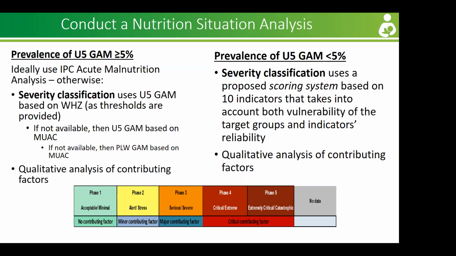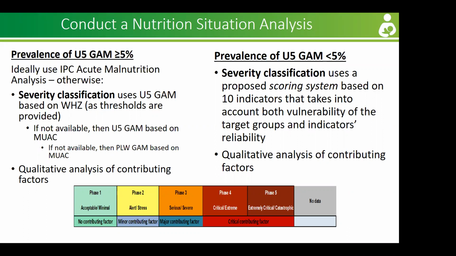So to our left, we have our scenarios 1 and 2, where ideally an IPC acute malnutrition analysis would be conducted. If through contacting the Global Nutrition Cluster Core Team or the IPC Global Support Unit this is not feasible, then we have a number of steps that will guide you on how to do the severity classification based on GAM using weight for height, because thresholds are provided.